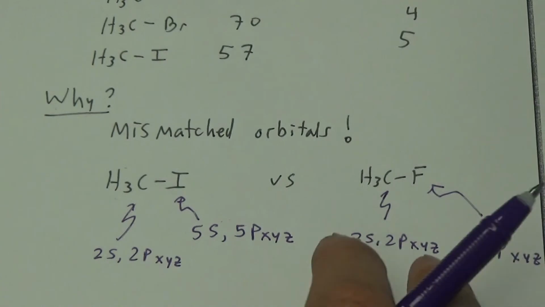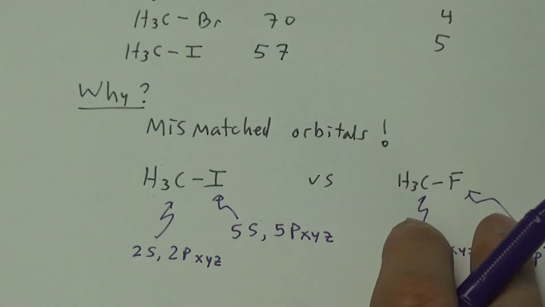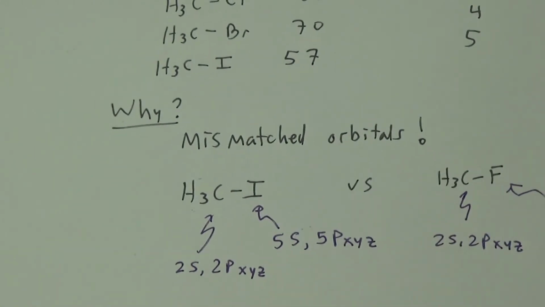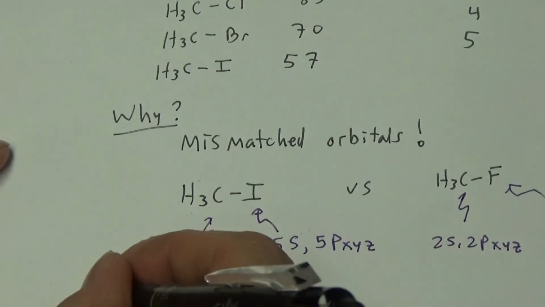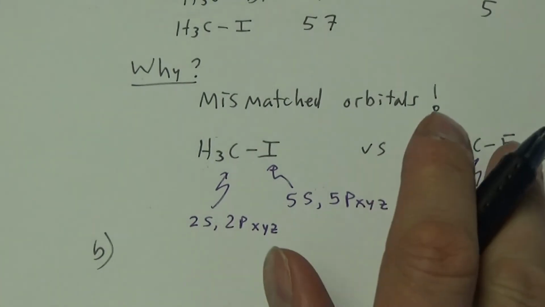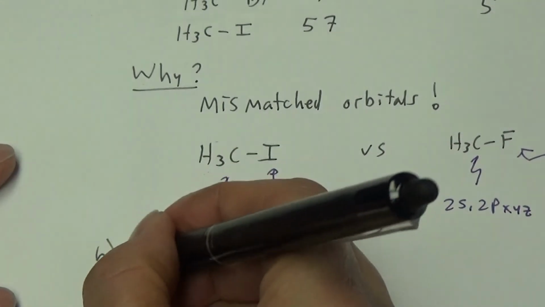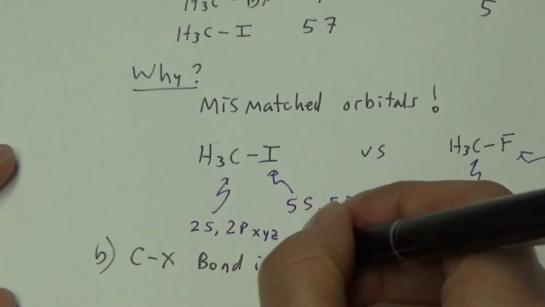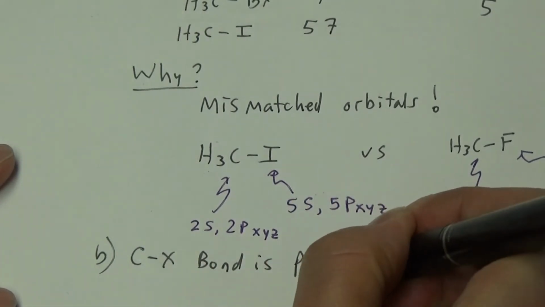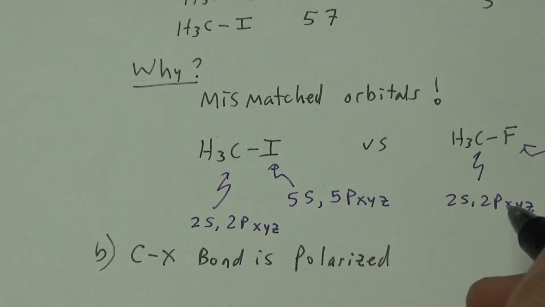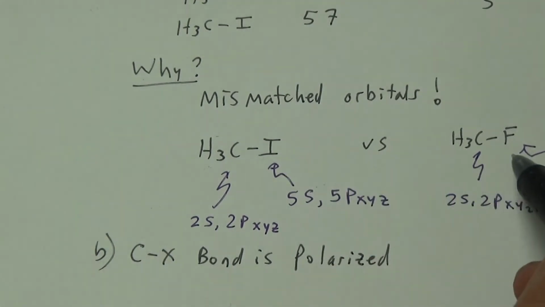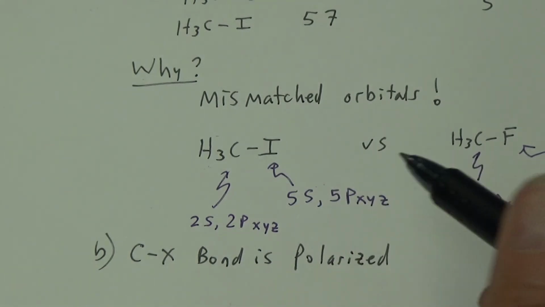Alright, another thing about these haloalkane bonds is that, as you might imagine, the C-X bond is polarized. Well, that makes sense, because we know that halogens are further right on the periodic table, so they're going to be a little delta negative, right?